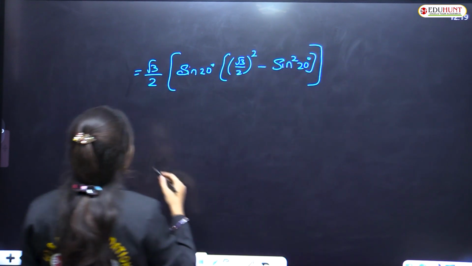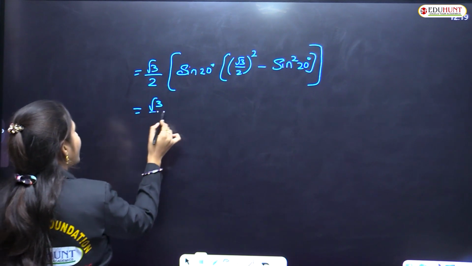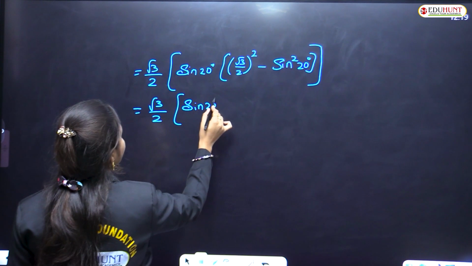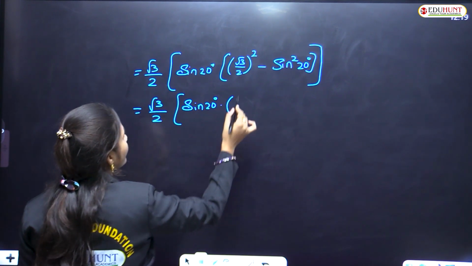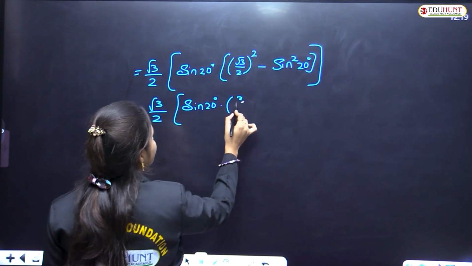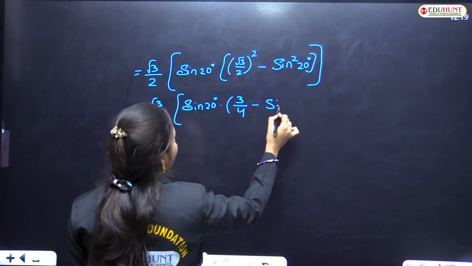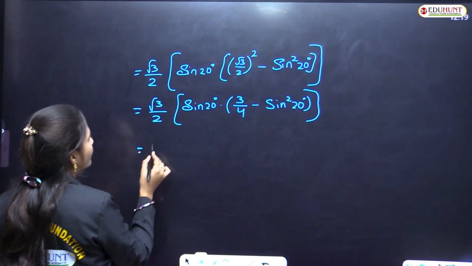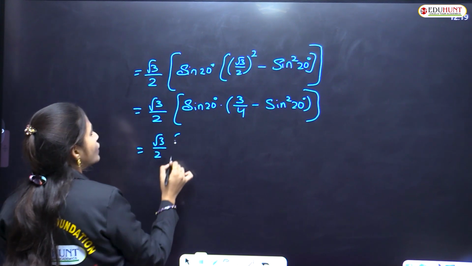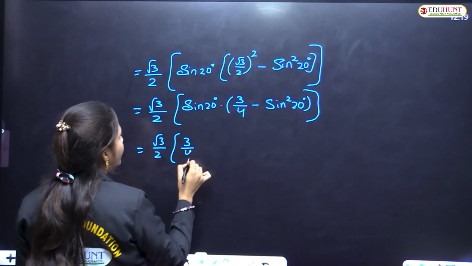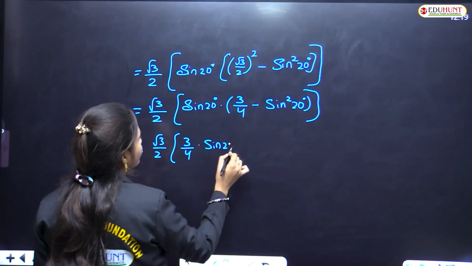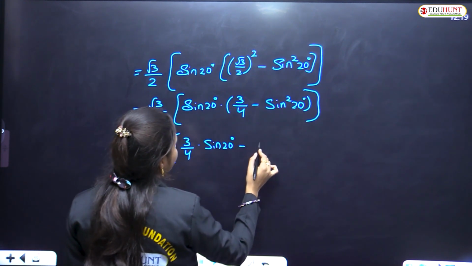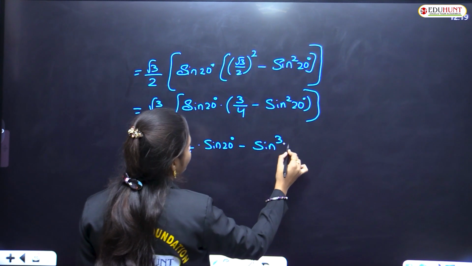So this one we have to simplify. Root 3 by 2 into sin 20 degrees into root 3 by 2 whole square, which means 3 by 4, minus sin square 20 degrees. Now again simplify: 3 by 4 into sin 20 degrees minus sin 20 degrees into sin square 20 degrees, which equals sin cube 20 degrees.